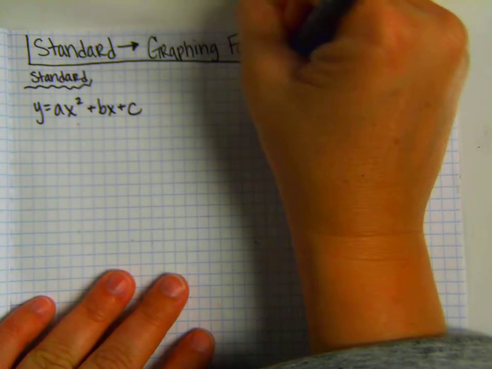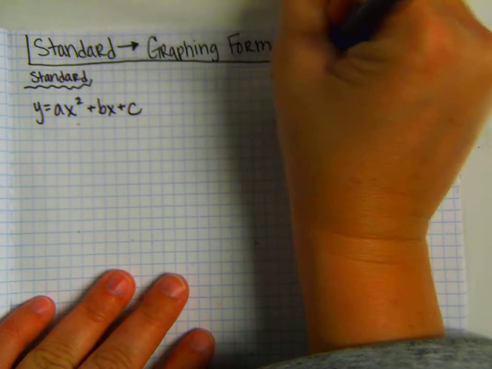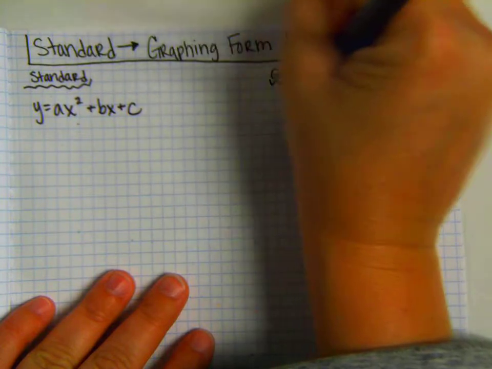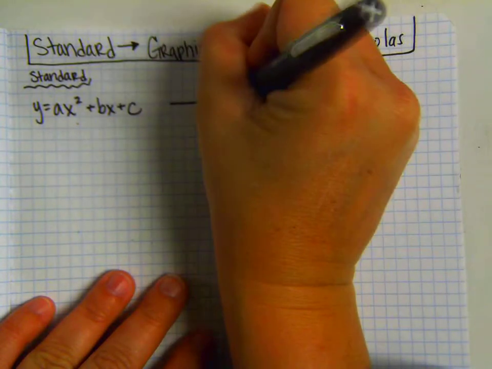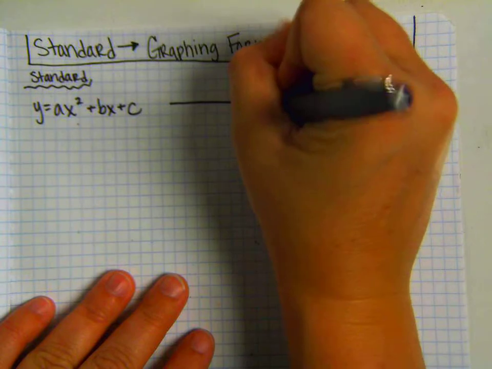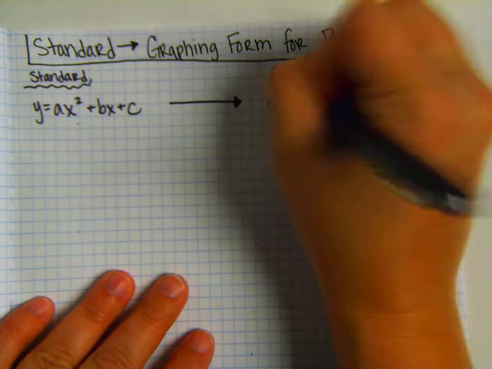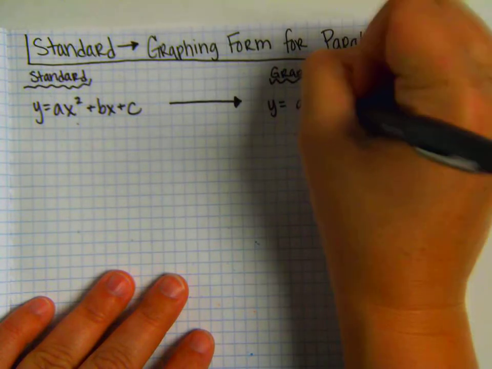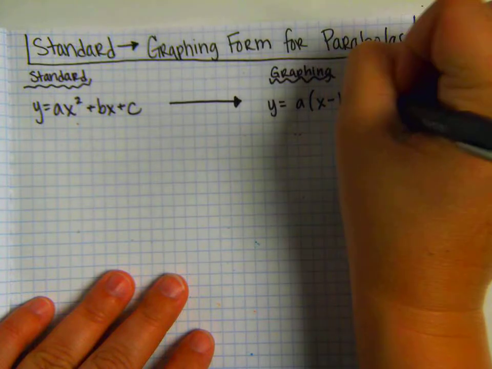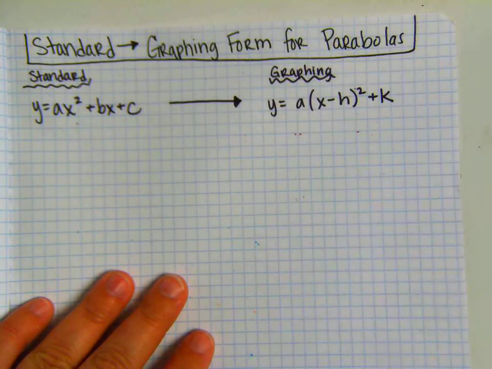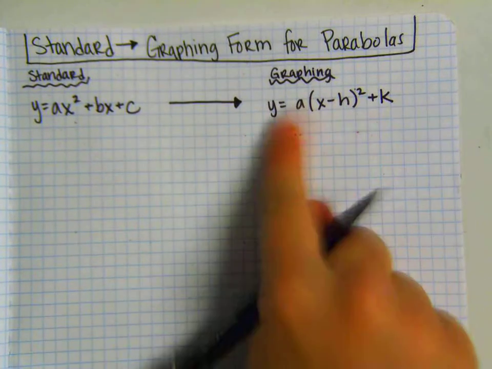Graphing form is what we talked about yesterday. So this is going to get changed into y equals a times x minus h squared plus k. Okay, so this is our goal, is to get it in that form.